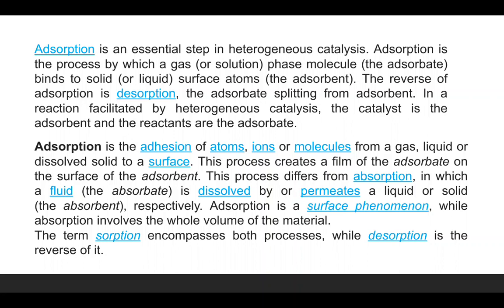Adsorption is a surface phenomenon, while absorption involves the whole volume of the material. The term sorption encompasses both processes, while desorption is the reverse of it. So whether it is adsorption or absorption, it can become a desorption process, where the adsorbate is removed from the adsorbent.